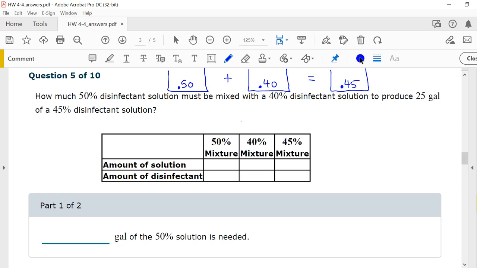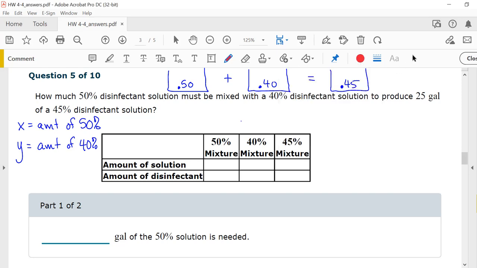All right, let's let X be the amount of the 50%. Let's let Y be the amount of the 40%. All right, let's go get our system.